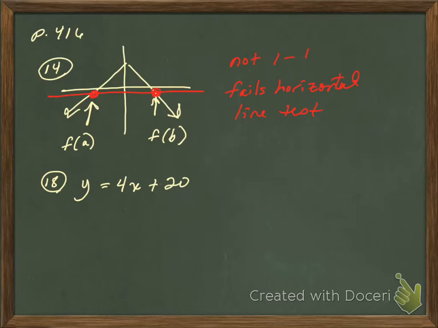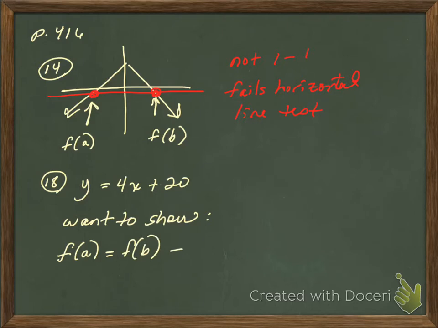We want to show that if f of A equals f of B, that implies A equals B. So f of A is 4A plus 20, and f of B is 4B plus 20.